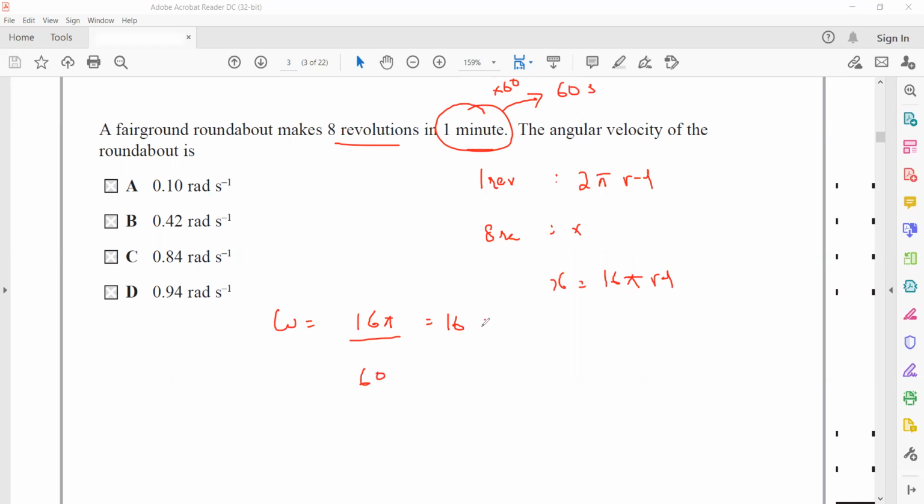So it will be 16 multiplied by 3.14 divided by 60, which is equal to 0.837 radian per second. So that is equivalent to 0.84. So C will be the right answer for this.